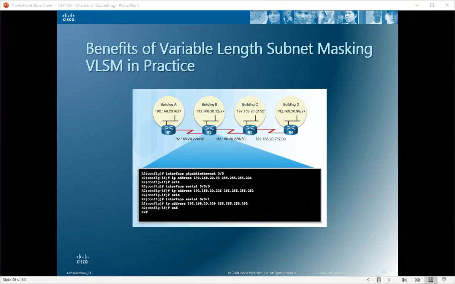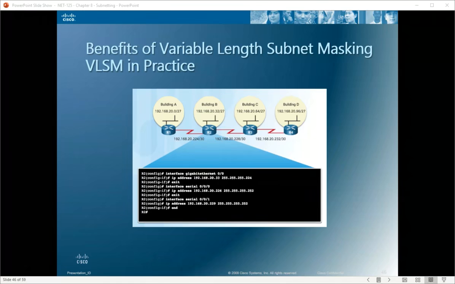So 20.33 is one above the primary address here for building B. That primary address is the network address, right? So we have our network address. What is one above the network address in any subnet? You're thinking at the opposite end, Colin.